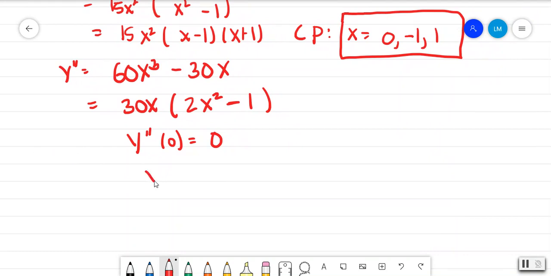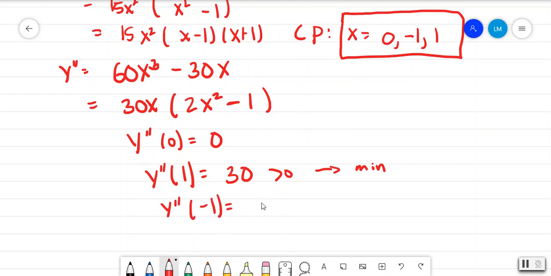But if we plug in 1, that's just going to be 30. This one is positive, so definitely I know that that's going to be a min. Then y double prime of negative 1 is going to be negative 30.